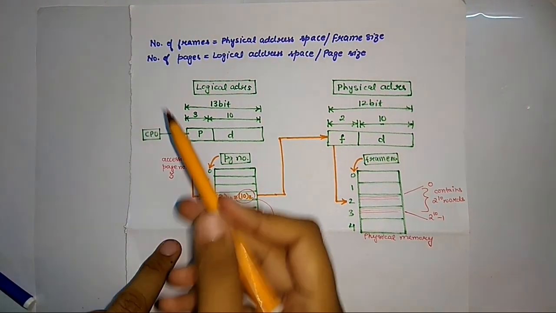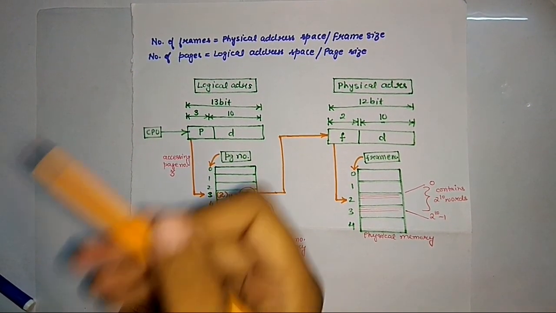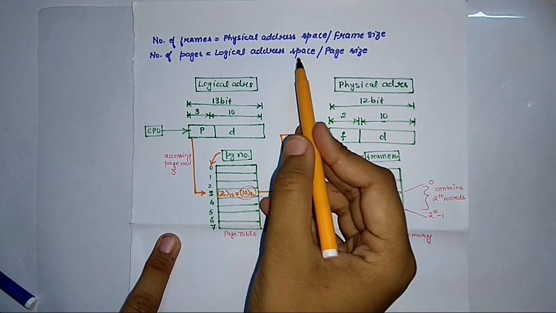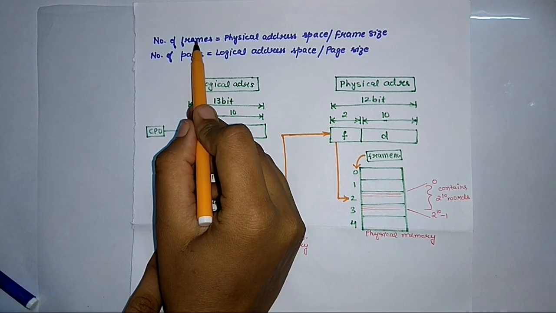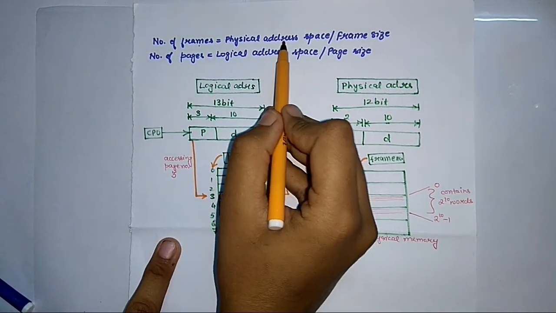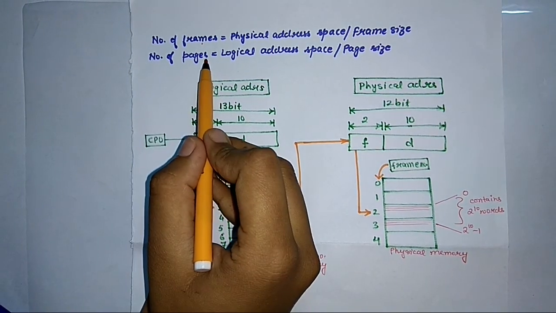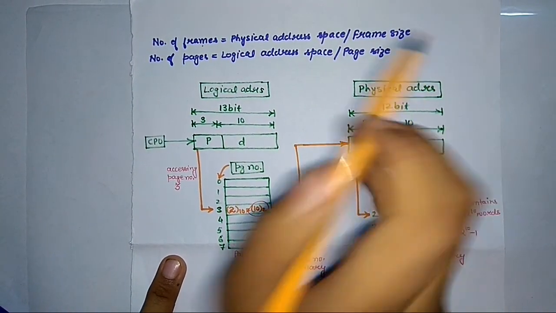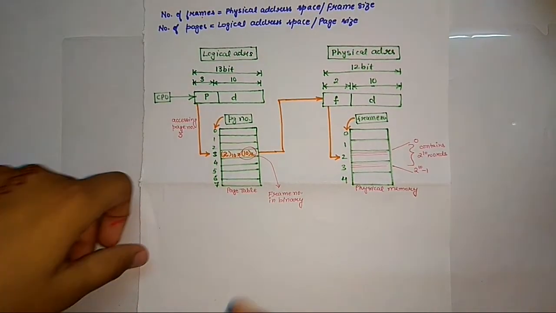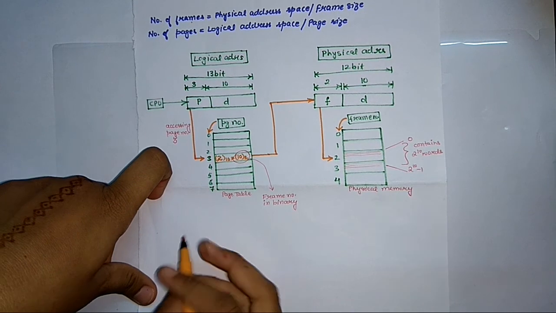Now, to find the number of frames in a physical address space or the number of pages in a logical address space, we use a particular formula: number of frames is equal to physical address space divided by frame size, and number of pages is equal to logical address space divided by page size. So let us take an example and we'll understand the following terms.